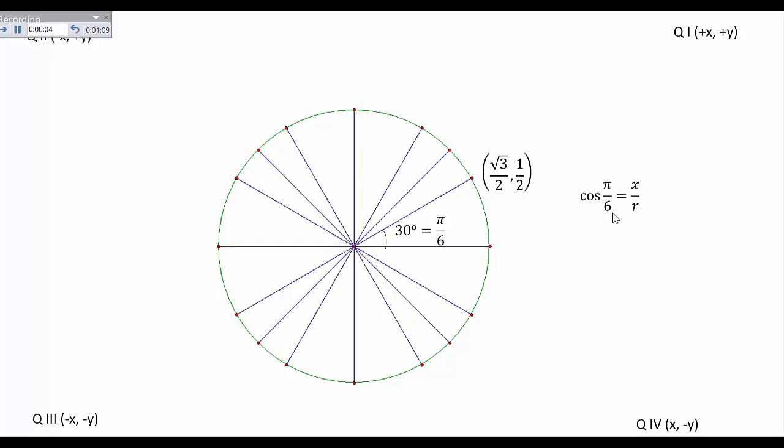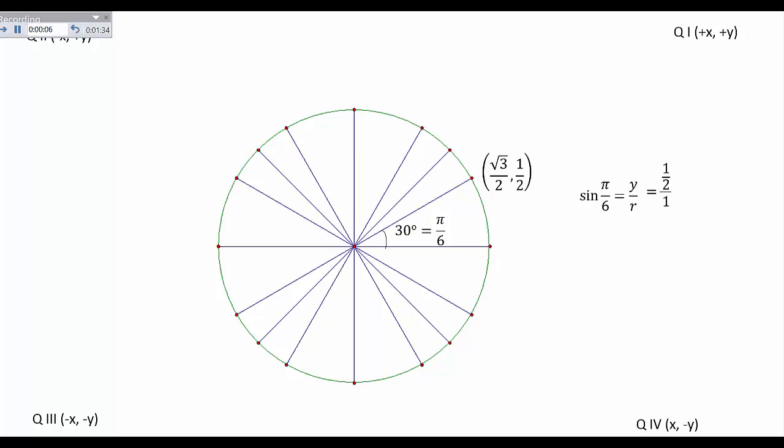The cosine value of this angle, pi over 6, or 30 degrees, was previously defined as x over r. Now that we know that we're dealing with a unit circle, r is 1. And if r is 1, the cosine value becomes square root of 3 over 2. Notice that this is the same as the first coordinate of the point on our unit circle. If we're looking for the sine value, sine of pi over 6 is y over r.